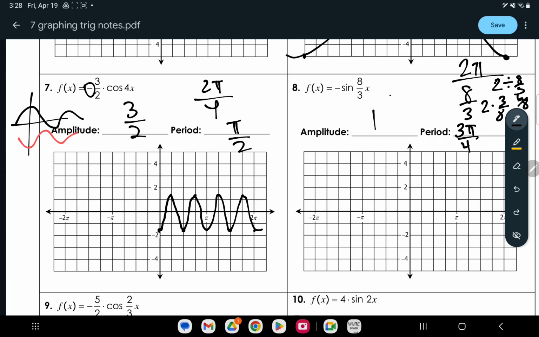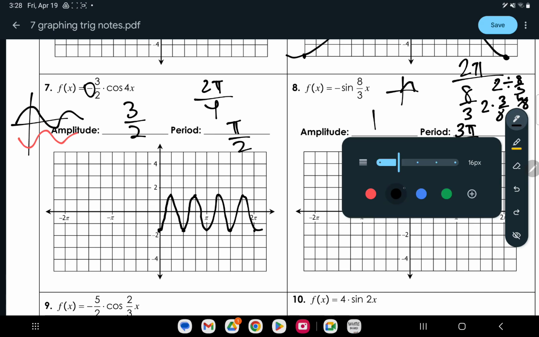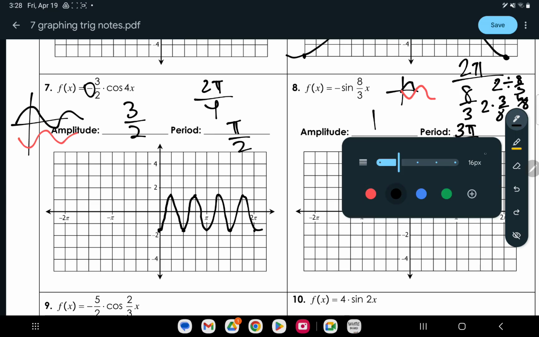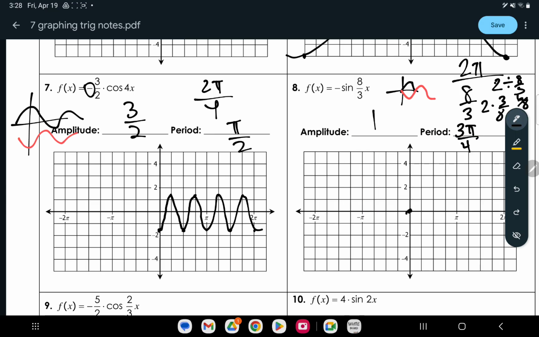The negative means we switched, so sine, instead of going like this, it's going to go like this. So we still start at the origin, but instead of going up, we're going to go down. So 3 pi over 4, where's that? Oh, it's already nice and fourths for us, so 3 pi over 4 is here.